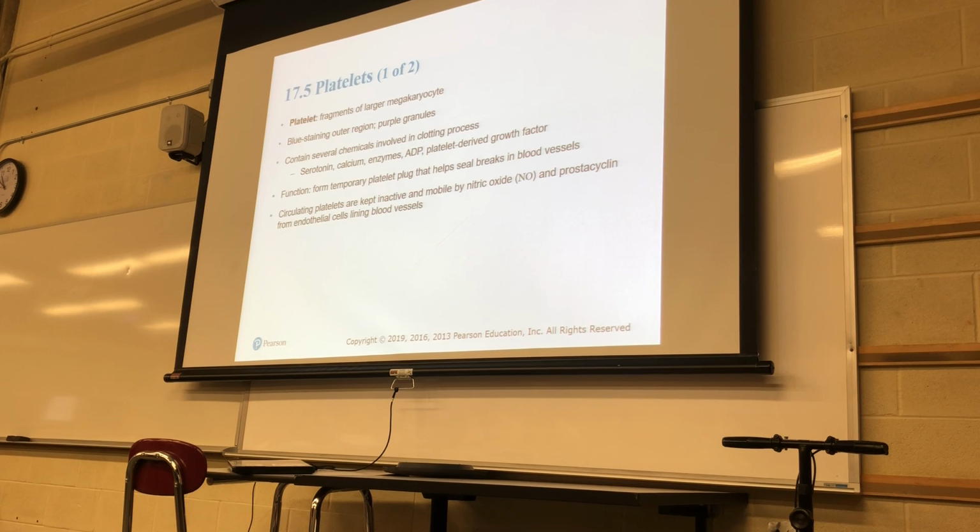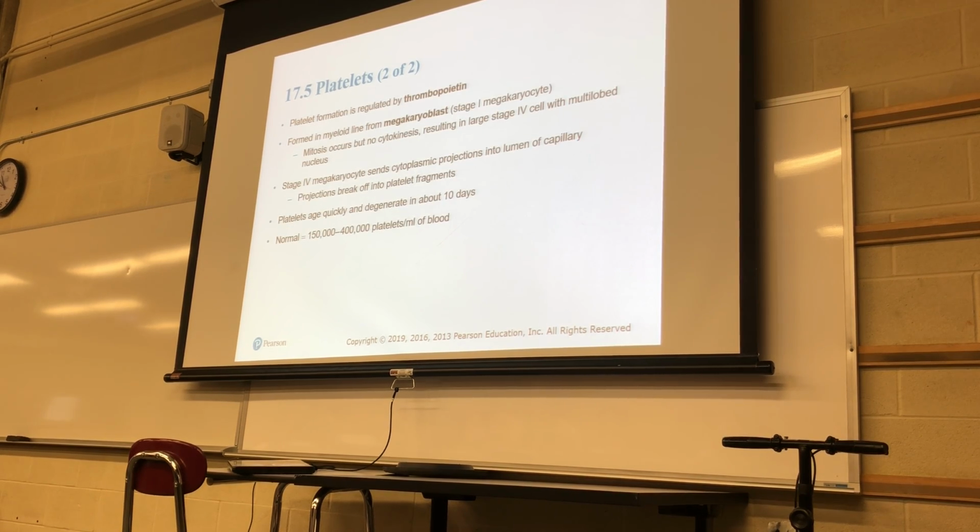So when you take aspirin, we're going to go into that. When you take aspirin, it doesn't go in and stop a clotting process. It just makes it less sticky. So the blood flows easy. So that's kind of how it works. Platelet formation is regulated by thrombopoietin.